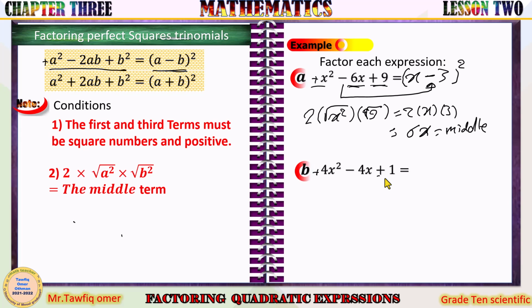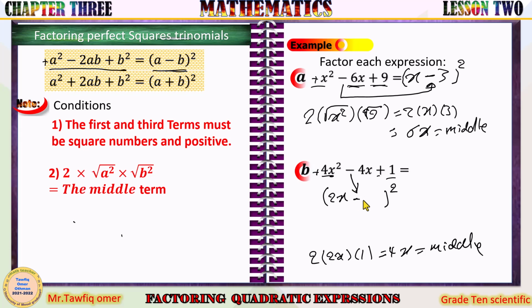The second condition remains: 2 times the square root of the first one, the square root of 4x squared is 2x, times the square root of the third one, which is 1, is equal to 4x, which is equal to the middle term. So we must open the bracket and put a square on it, and the square root of the first one is 2x, the second sign, and the square root of the third one.